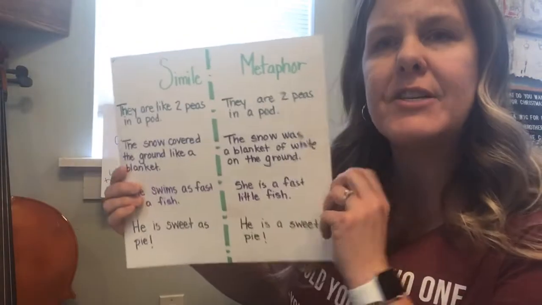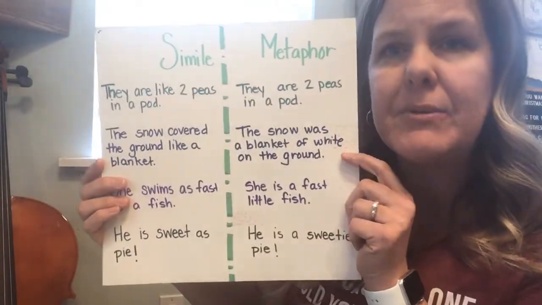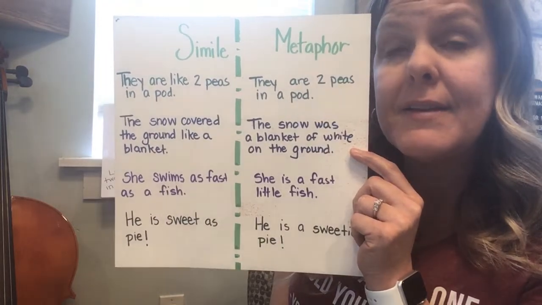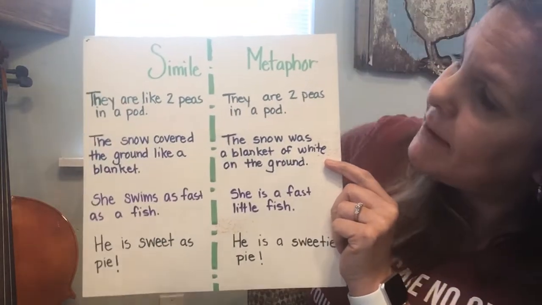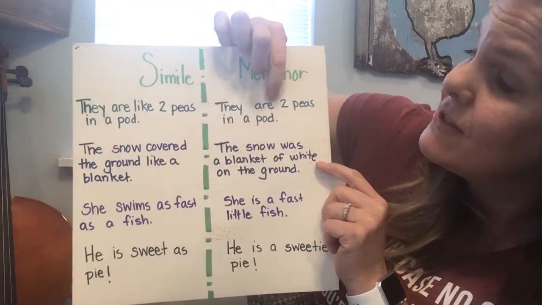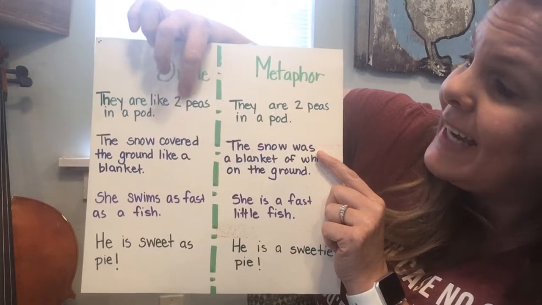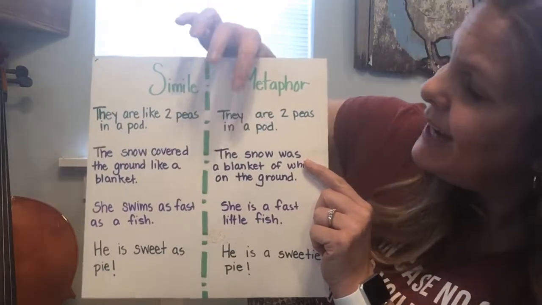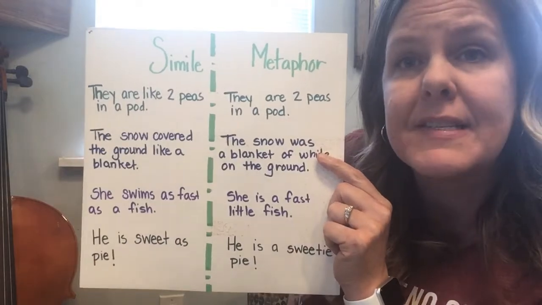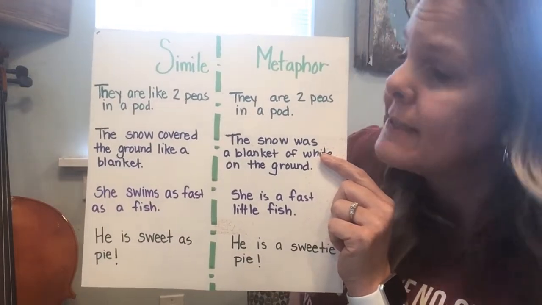So this little chart I just made shows you the difference: you can use the same kind of phrasing, but have it be a simile or a metaphor. Right here, I use the word like, and right here, I use the word are. They are like two peas in a pod. And this one says, they are two peas in a pod. That just means people are very similar and are good friends.